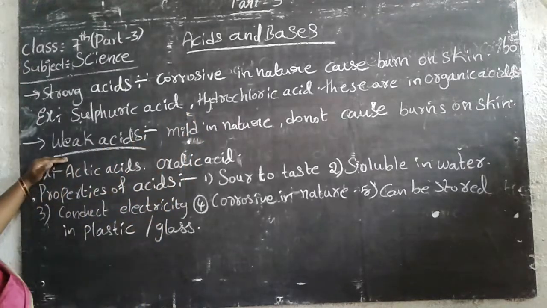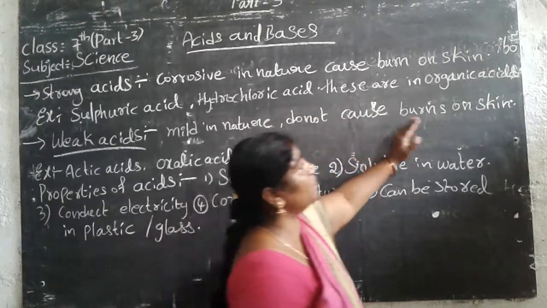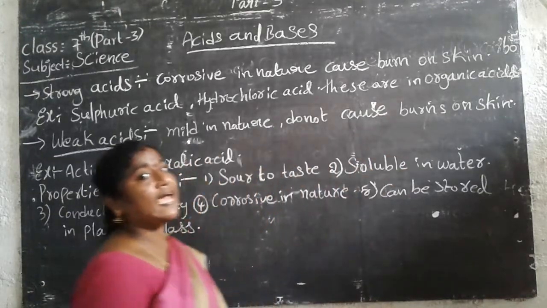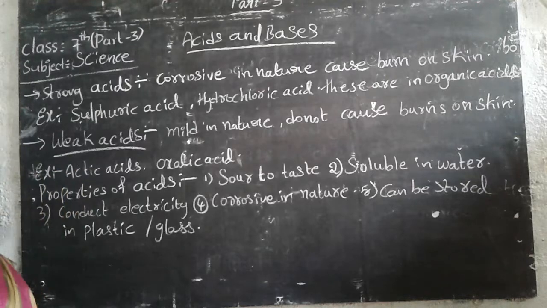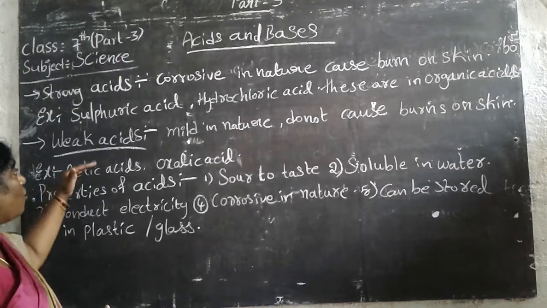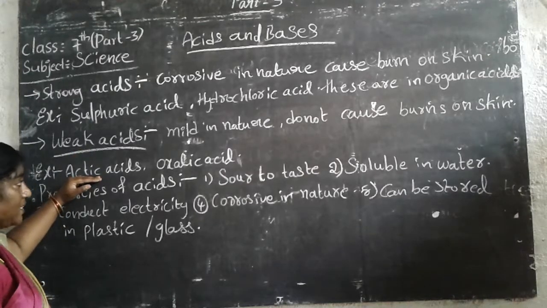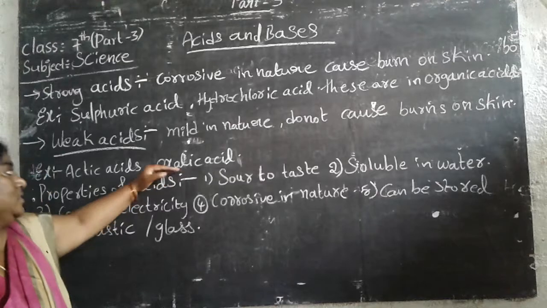Next, weak acids. They are mild in nature and do not cause burns on skin. These acids are not harmful to us. Examples: acetic acid, oxalic acid.